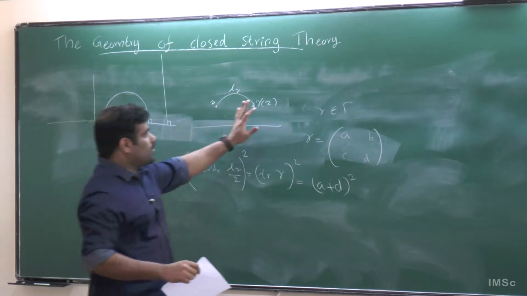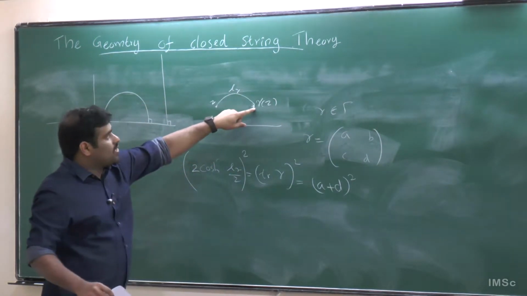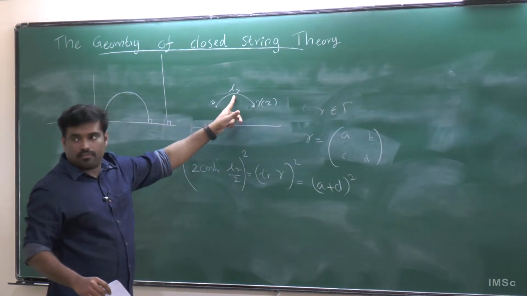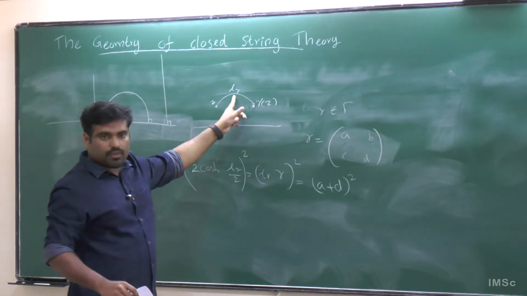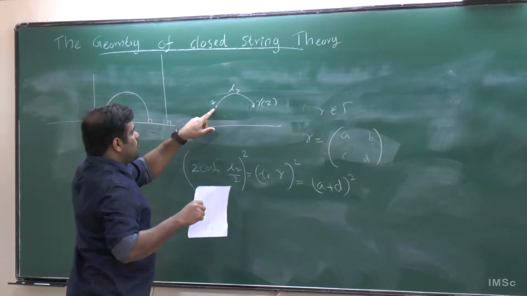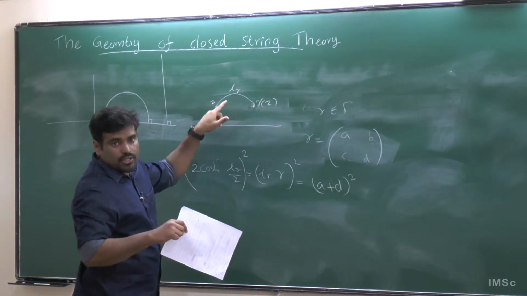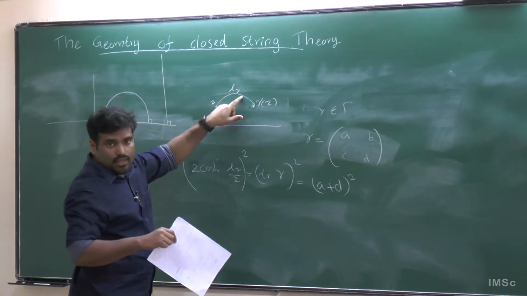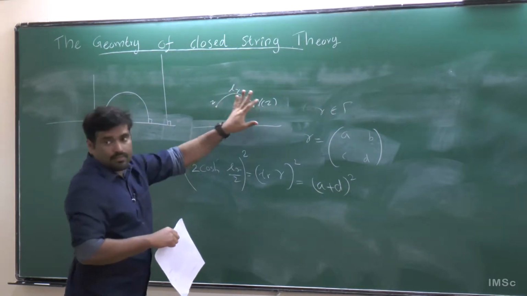You can identify a transformation with a geodesic on the upper half plane. So what you can do is you take point C and gamma C, draw a geodesic, compute its length, and then minimize it by varying C.